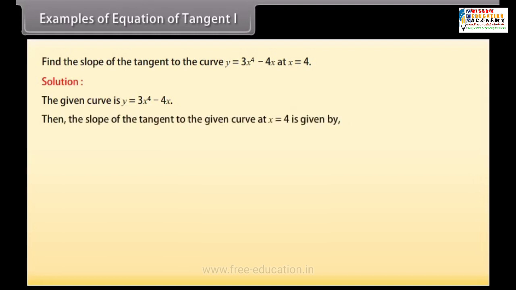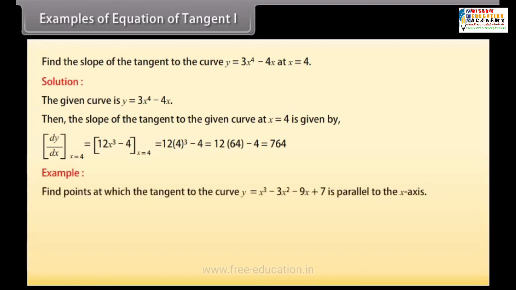Then, the slope of the tangent to the given curve at x is equal to 4 is given by dy by dx at x is equal to 4 is equal to 12x cube minus 4 at x is equal to 4, which is equal to 12 into 4 cube minus 4, which can be solved to 764.